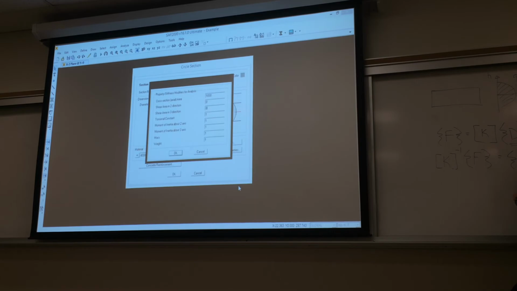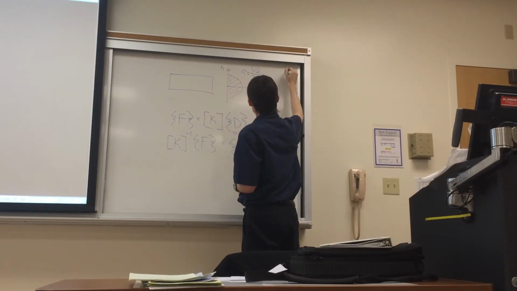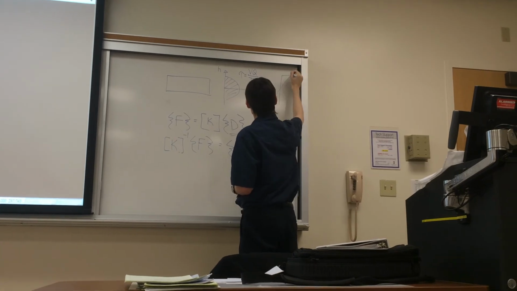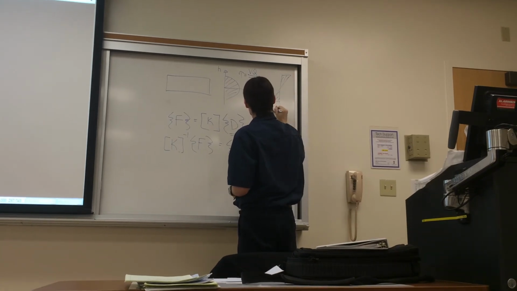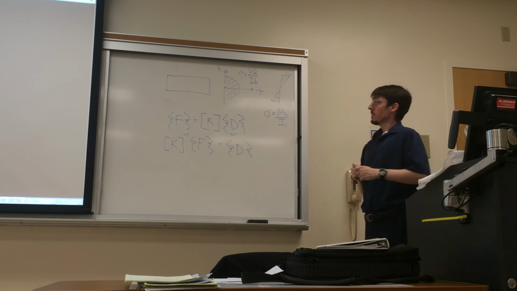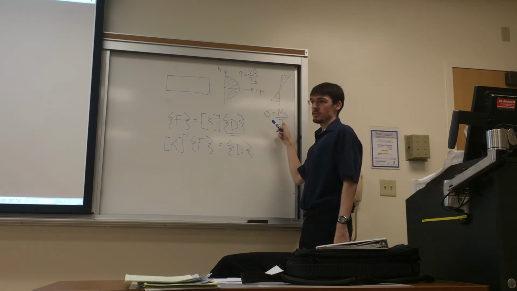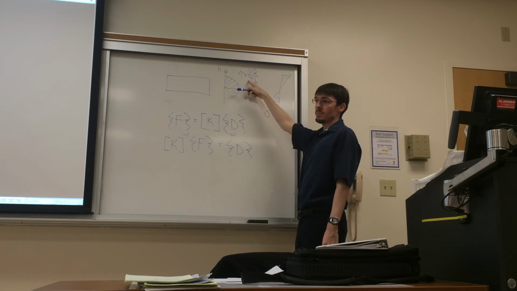Tau is VQ over IB. Then for a moment, let's say you have a linear variation, MC over I. What will happen is if you get a member that's sufficiently deep, the shear stresses will start to grow significantly faster than the bending stresses. So this means shear deformations can become a significant factor if your member's too deep.